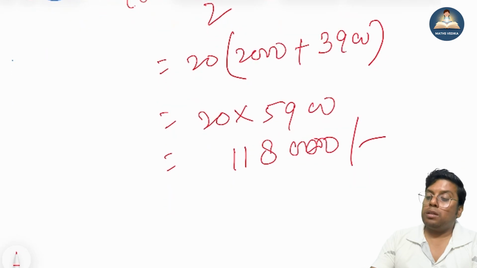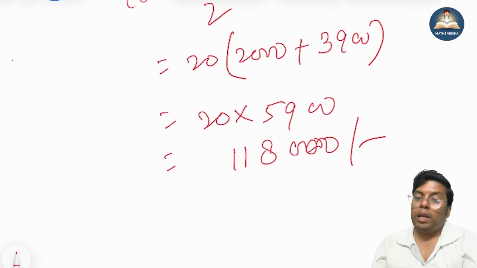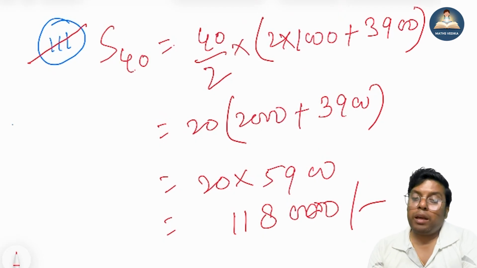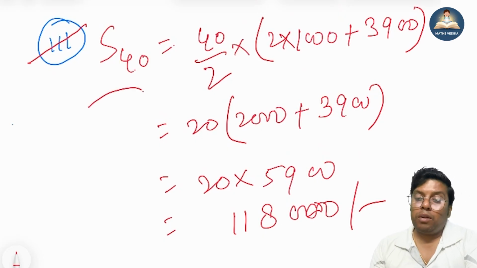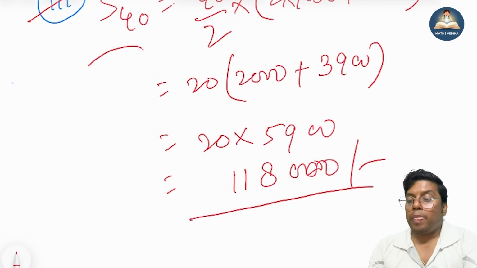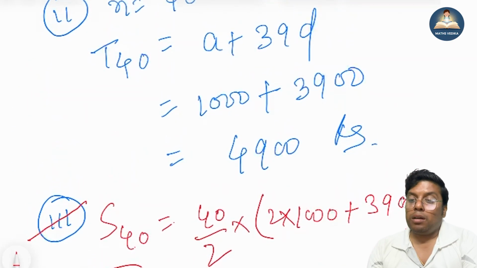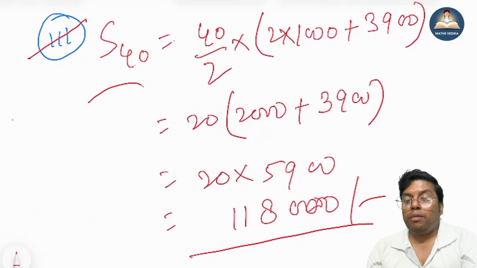This 1,18,000 was the total loan amount, and in 40 installments all the amount is paid. So we can verify that in 40 installments the sum is equal to 1,18,000, that is, all the loan amount is paid in 40 installments.